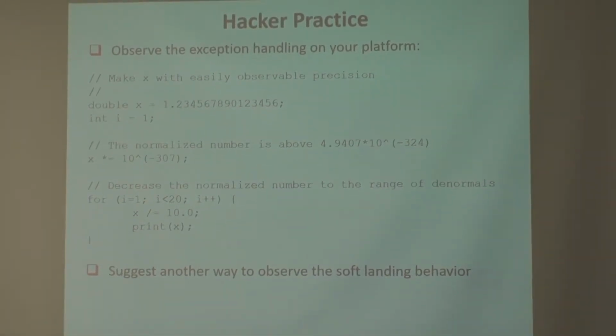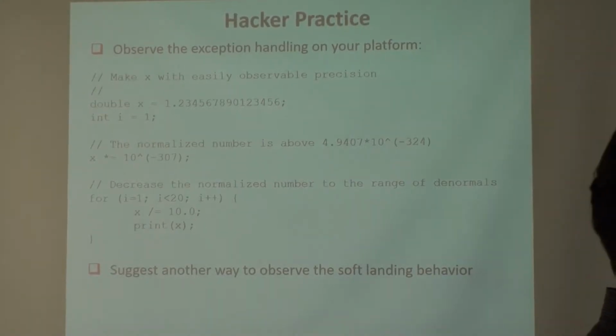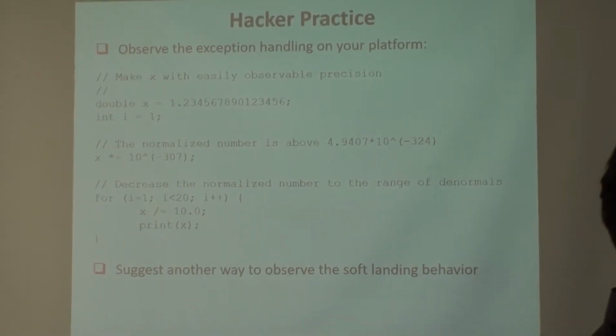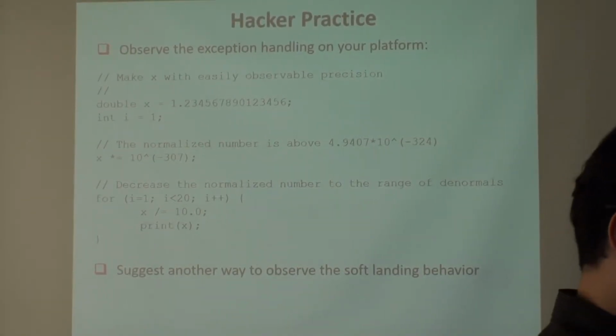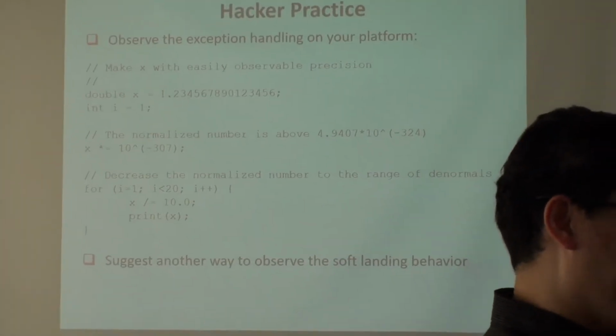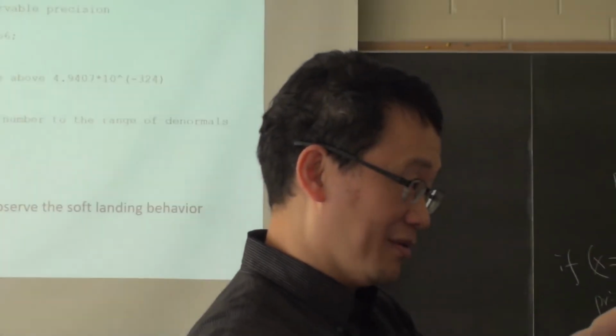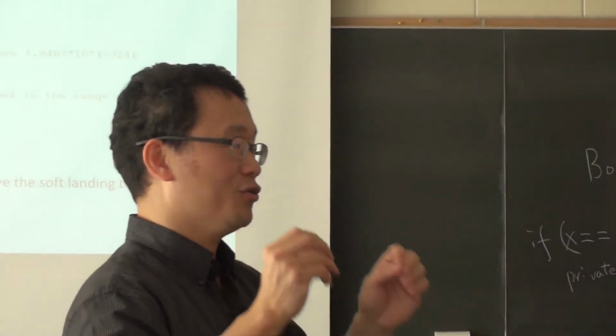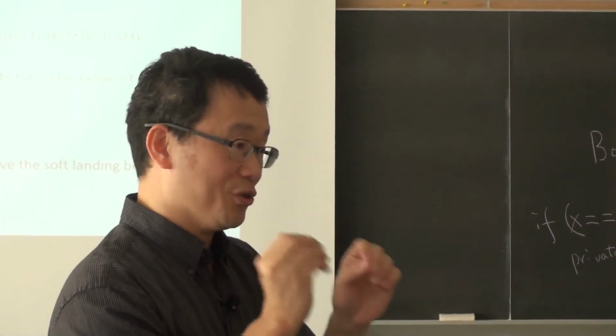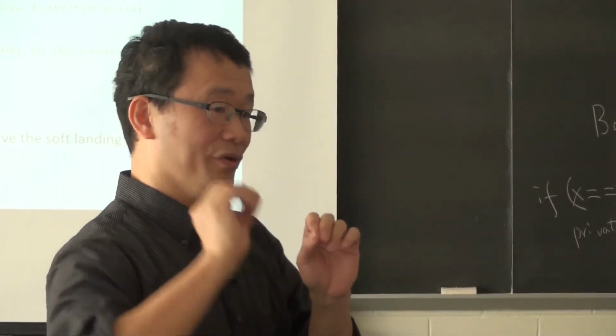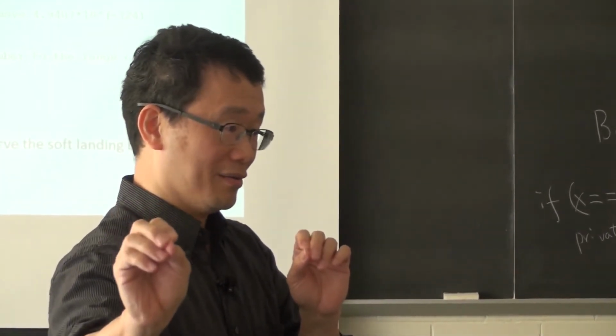It's a binary precision to decimal precision. But you observe that you lose precision when the number gets smaller before you hit 0. Gradual underflow is you lose your precision gradually before you hit the positive 0.